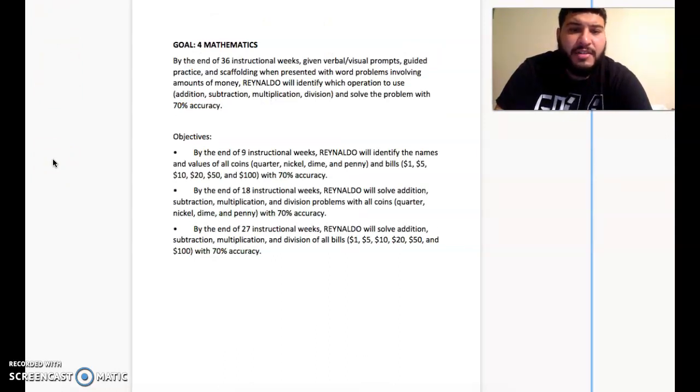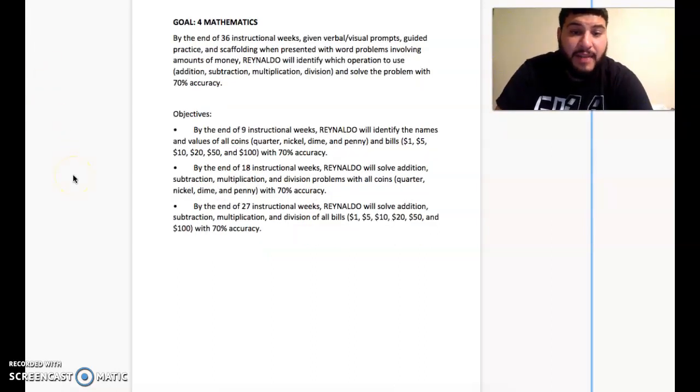By the end of 36 instructional weeks, given verbal, visual, guided practice, and scaffolding when presented with word problems involving amounts of money, Reynaldo will identify which operation to use: addition, subtraction, multiplication, or division, and solve the problem with 70% accuracy.